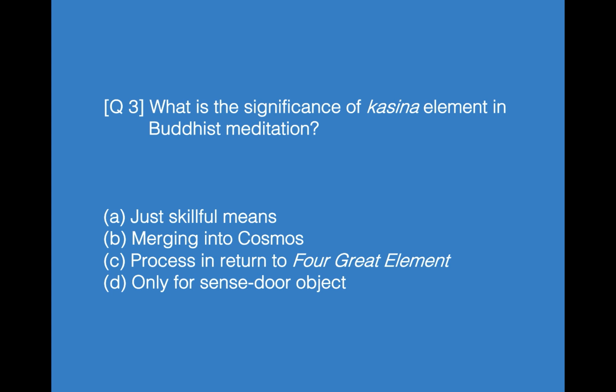So the Buddha takes the kasina element as just a skillful means, or the Buddha thinks of merging into the cosmos, or a process of returning to the four great elements. The four great elements are earth, fire, wind, water, or only the kasina element can work only for sense door objects. So which one is the correct answer? You can choose the correct answer.